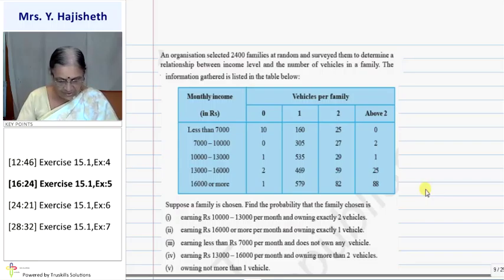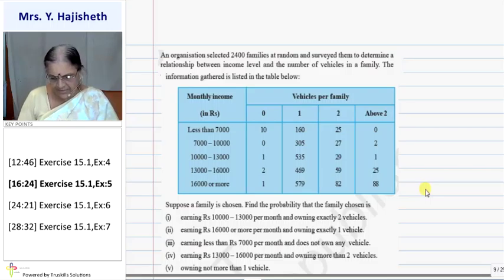Third question, earning less than rupees 7,000 per month and does not own any vehicle. Fourth question is earning 13,000 to 16,000 per month and having more than 2 vehicles. And fifth question is having not more than 1 vehicle. Okay, in that the income group is not given.